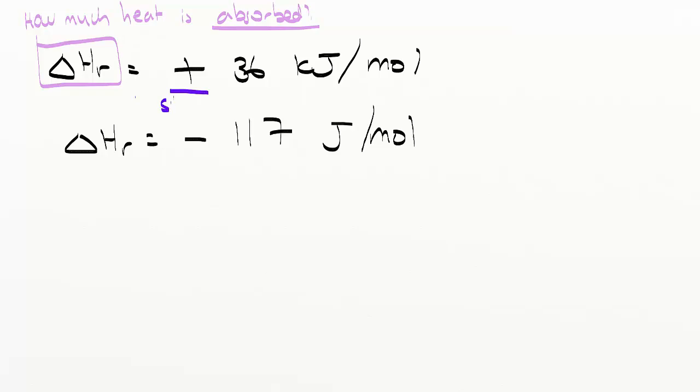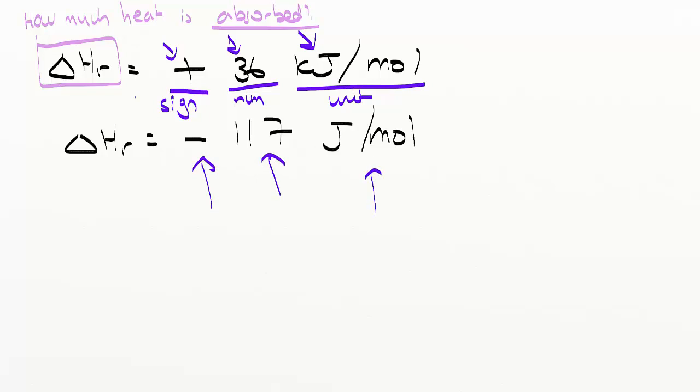We have a sign here, right? Is it positive or negative? We have a number, and then we have the unit, either kilojoules per mole or joules per mole. So for example, in the first example here, we see that this is a positive sign. The number is 36, and then the unit is kilojoules per mole. In the second example, we see the sign is negative. We have a number 117, and the unit this time is joules per mole.